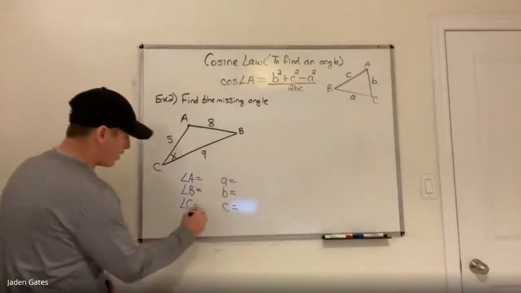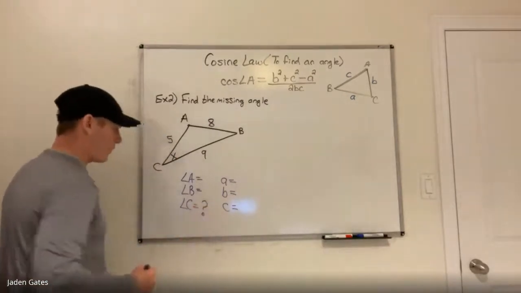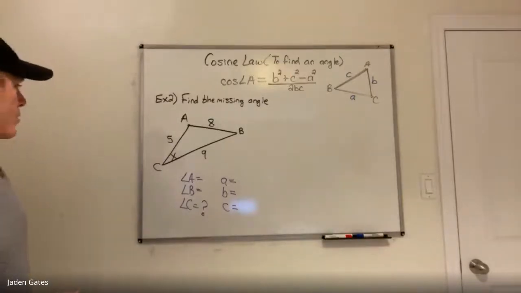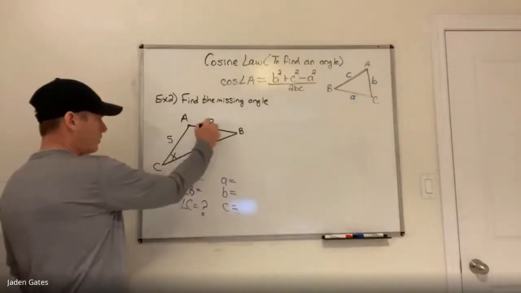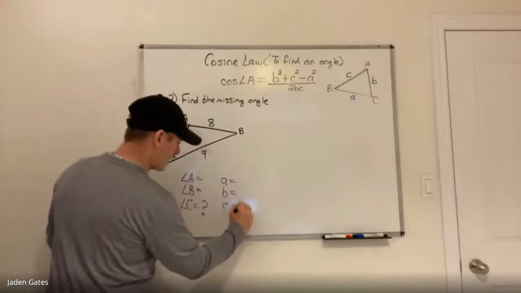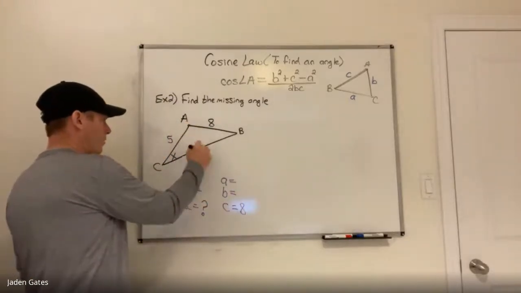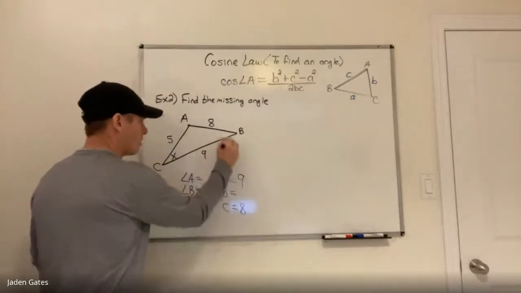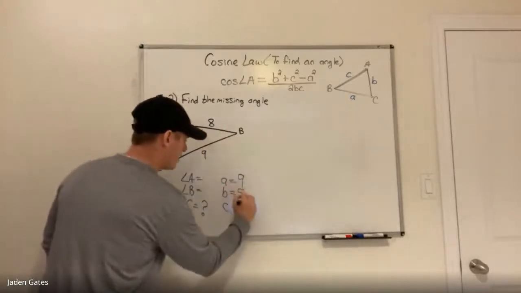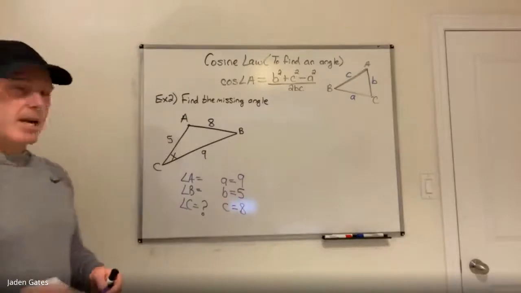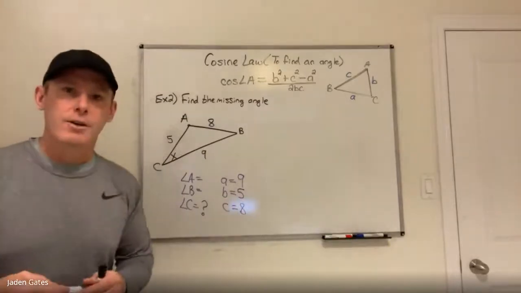X is our angle C, so that's what we're looking for there. Our sides, across from that angle, it's a funny looking triangle, but that side C there, and across from angle A, that's 9, and across from angle B would be side B. And again, you can see we got 3 sides here.